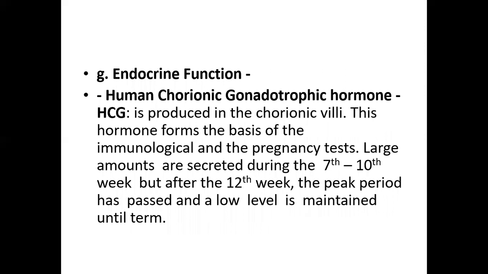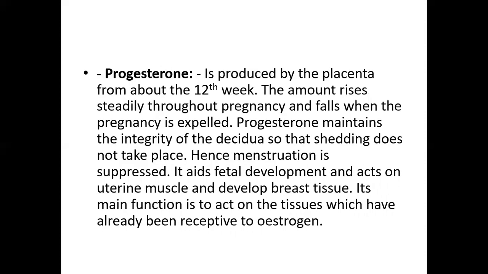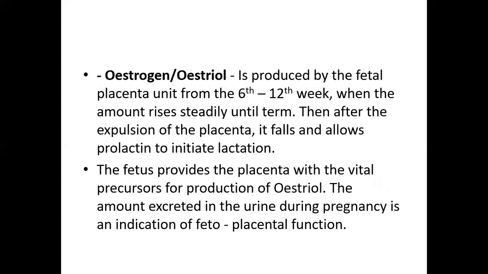Apart from that, it also plays a critical role in endocrine function. And this is through the production of the hormone known as human chorionic gonadotrophic hormone. This is a hormone that is responsible for the maintenance of pregnancy. Progesterone can also be produced by the placenta from the 12th week, and the amount may rise as the pregnancy continues.